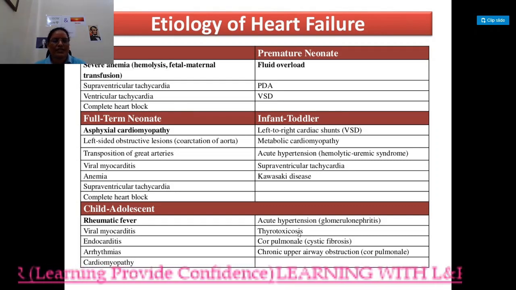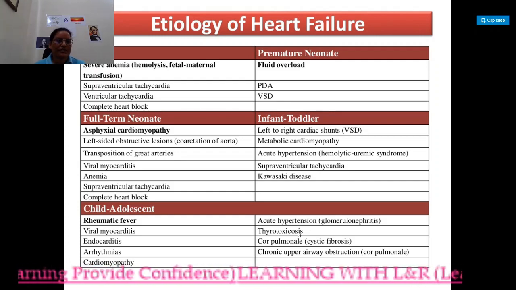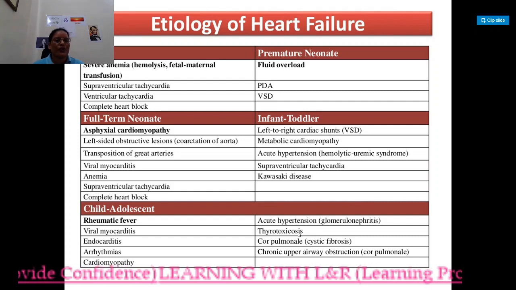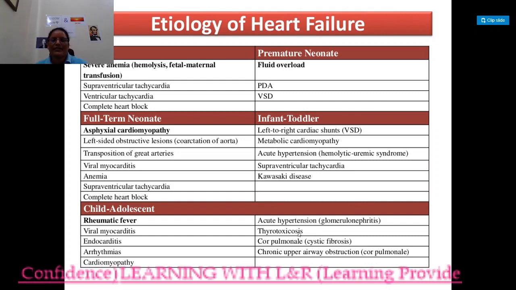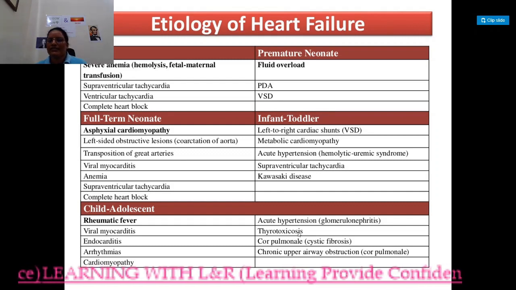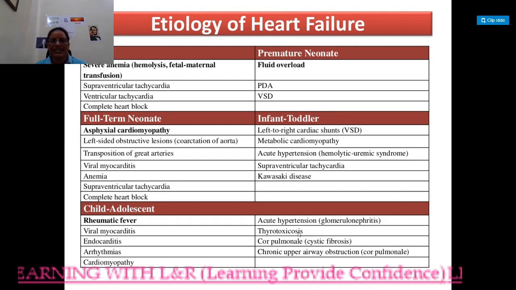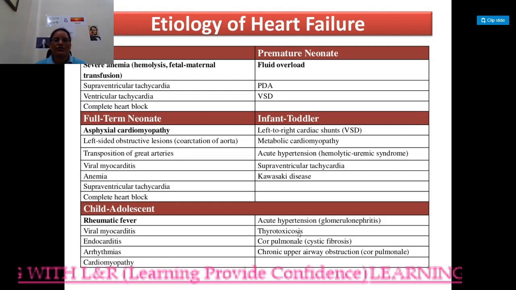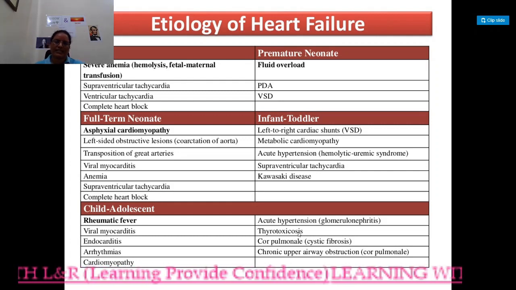Then full term neonate: asphyxial cardiomyopathy, left-sided obstructive lesion, transposition of great arteries, viral myocarditis, anemia, supraventricular tachycardia, complete heart block. In case of infant and toddler: left to right cardiac shunting, metabolic cardiomyopathy, acute hypertension, supraventricular tachycardia, Kawasaki disease.